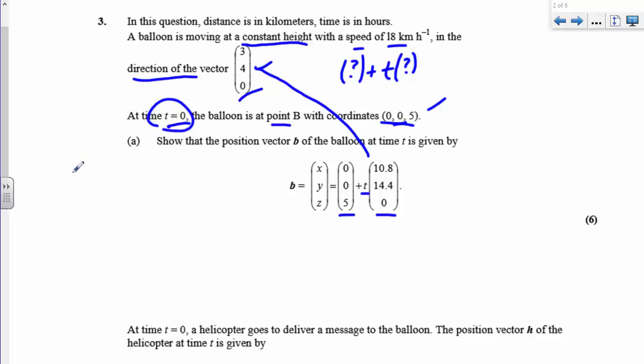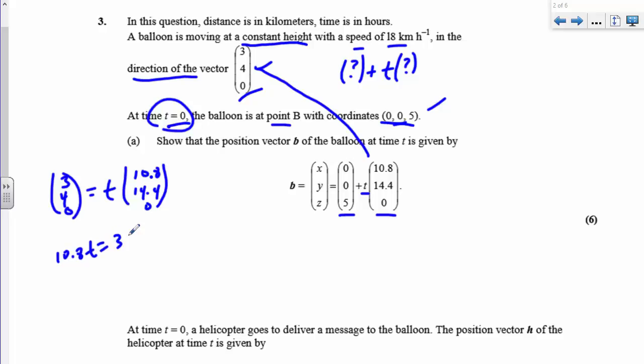So let's prove this. I'm going to say, okay, 3, 4, 0 is in fact equal to some value time times 10.8, 14.4, and then 0. So what I'm telling you is that 10.8 times t is equal to 3. Okay?